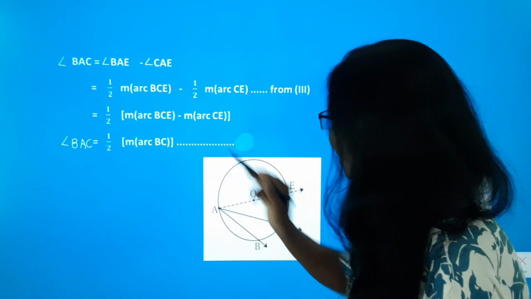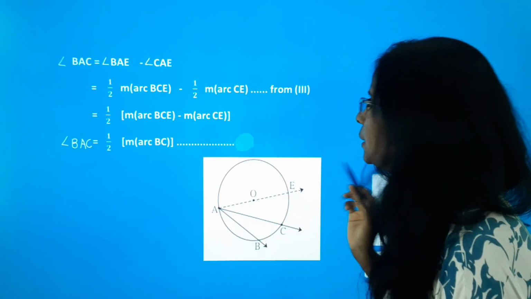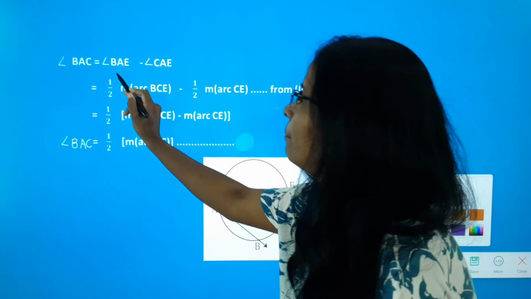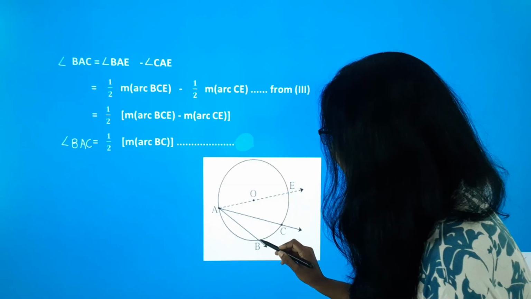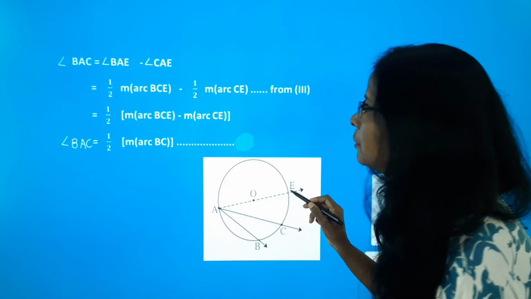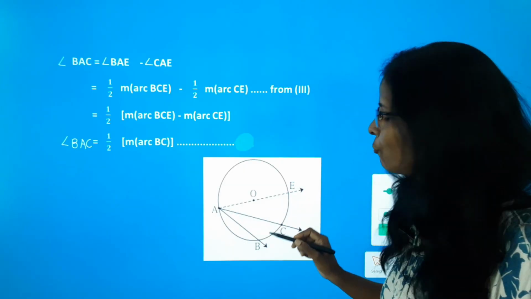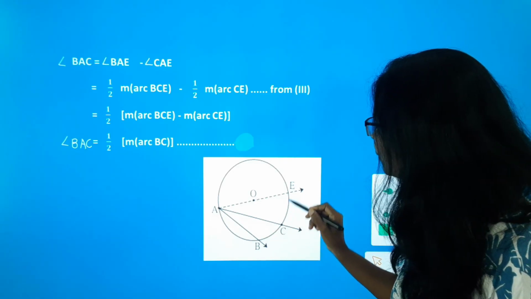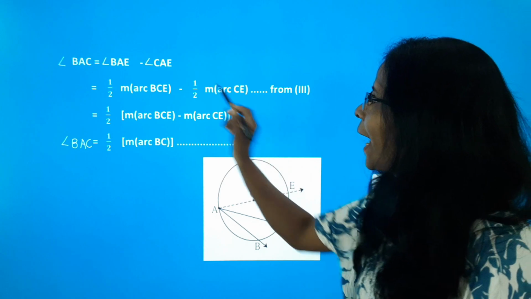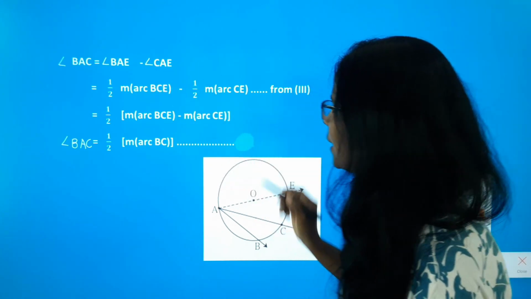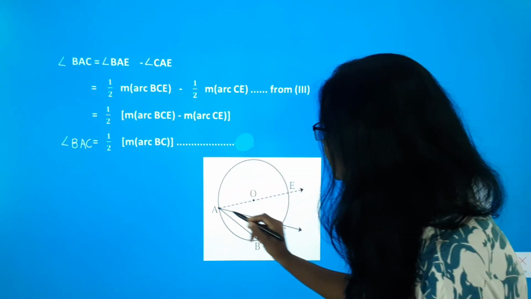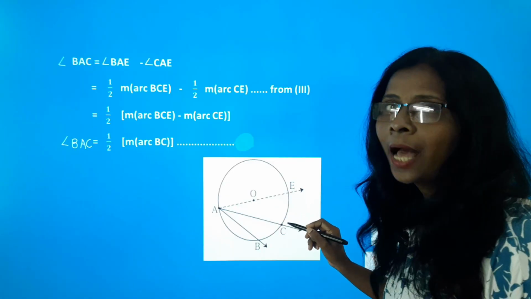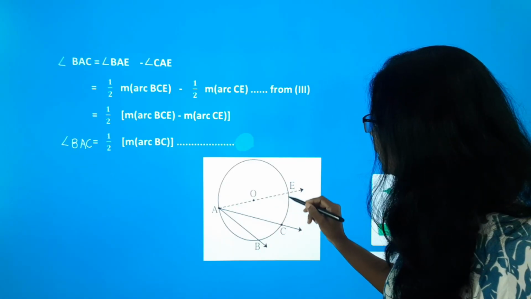Then students, see here angle BAC is equal to angle BAE minus angle CAE. Okay, so angle BAE means half of major arc BCE, and the angle CAE we write as half of major arc CE.